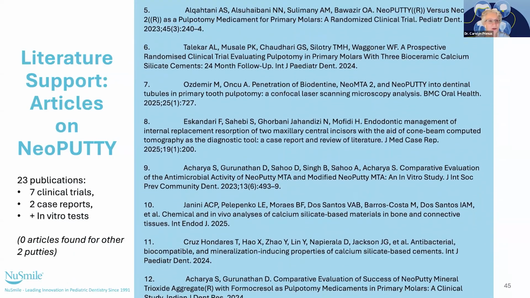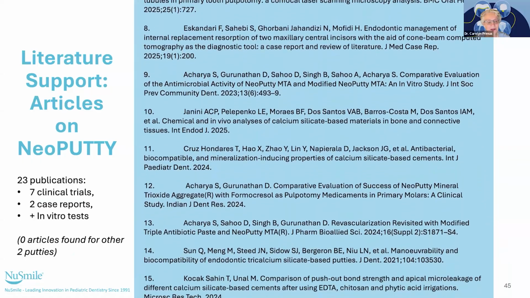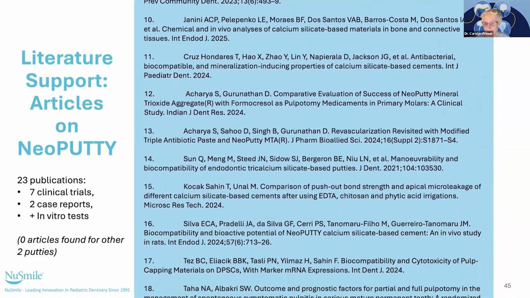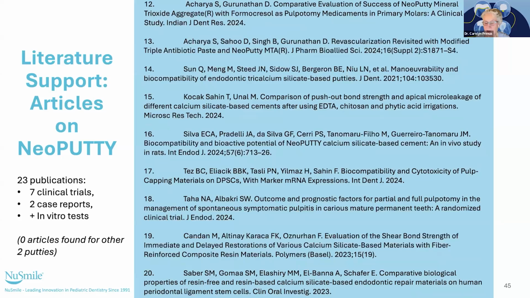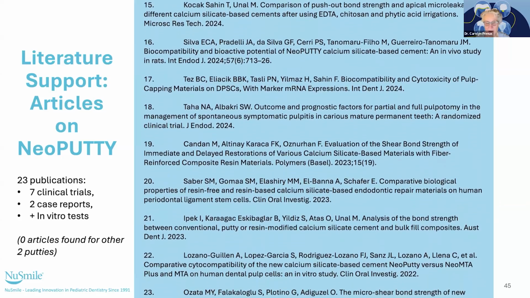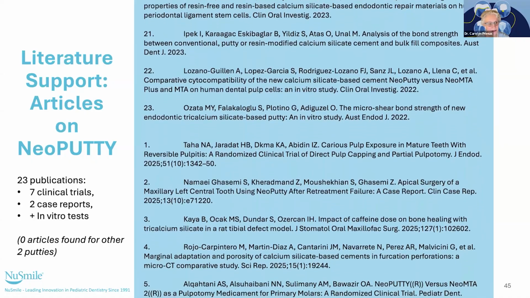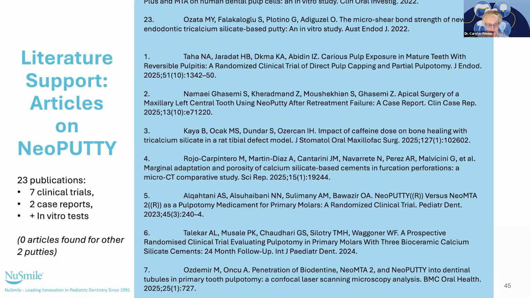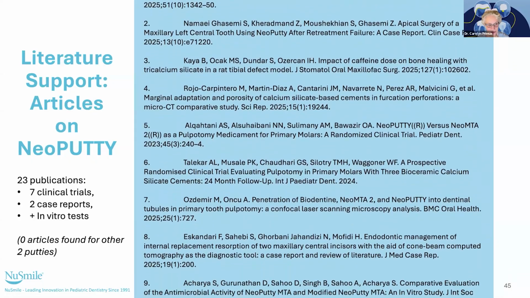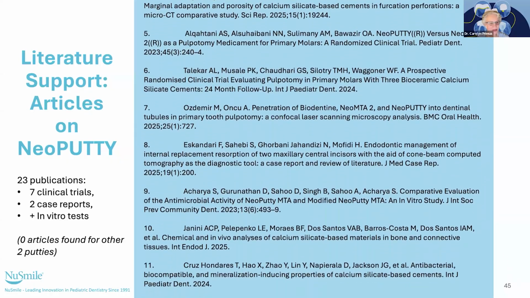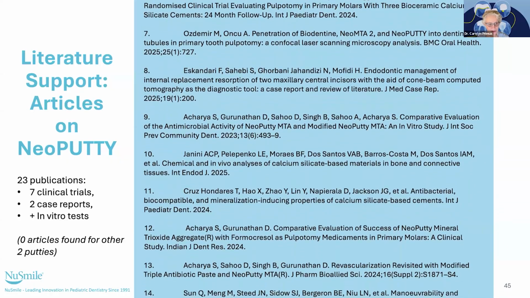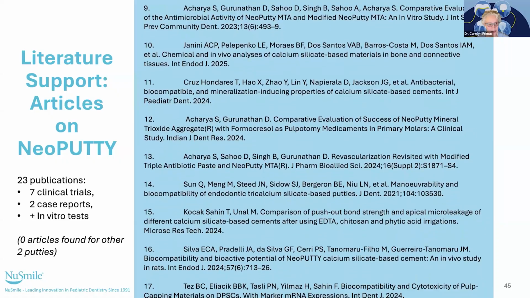Now, when it comes to choosing a dental material, you may want to have literature support so that people have shown you that the material works. And neoputty, there are 23 publications on it, 7 of which are clinical trials, 2 case reports, and then several other articles that are on in vitro tests.